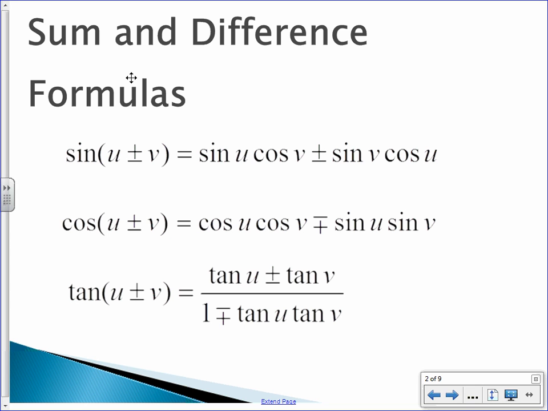Okay? Then you see here we have the tangent formula, the tangent of U plus or minus V. To apply that, we're going to take the tangent of U plus or minus the tangent of V over 1 minus or plus the tangent of U times the tangent of V. So here we have both signs, okay?